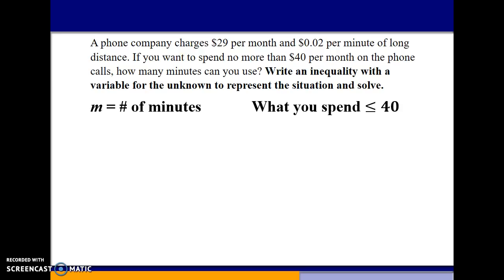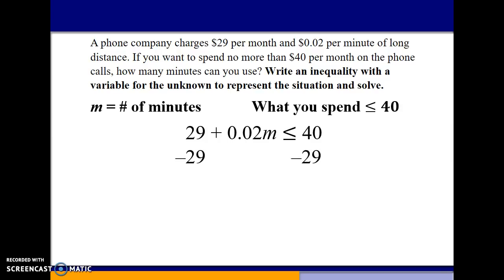So m is the number of minutes. And we also need to think that what we spend cannot be more than 40, which means it can be equal to 40 and can be less than 40. And now we can write the inequality. We have $29, which is the regular charge, plus 2 cents times the number of minutes spent on phone calls, is less than or equal to 40.